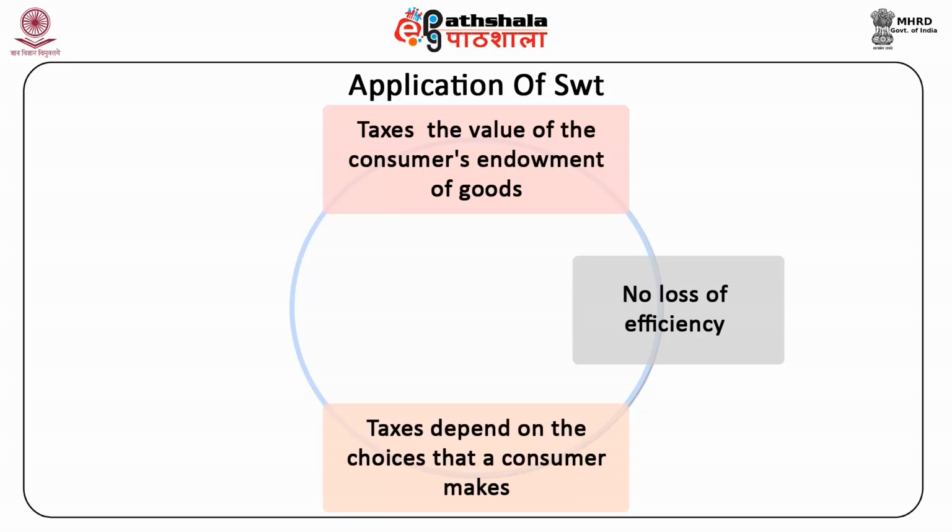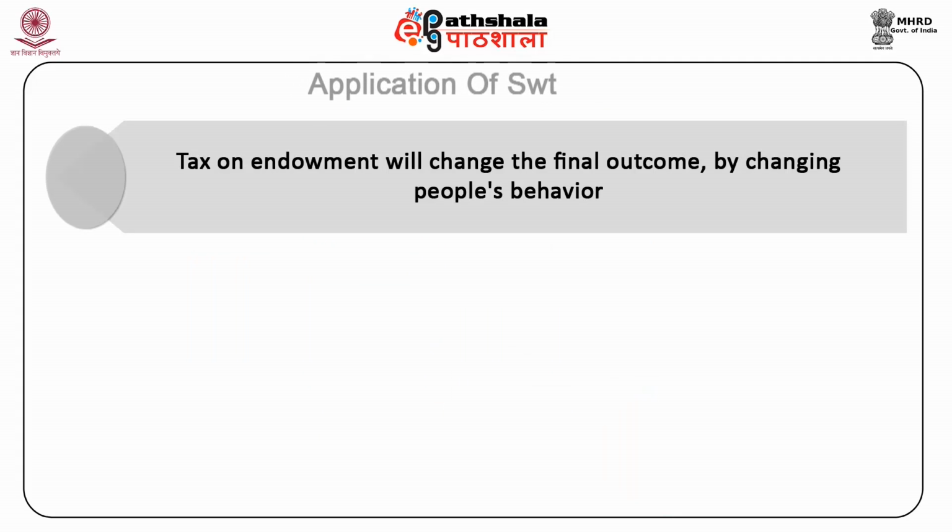It is only when taxes depend on the choices that a consumer makes that inefficiency results, since in this case, the taxes will affect the consumer's marginal choices. Tax on endowment will change the final outcome by changing people's behavior.